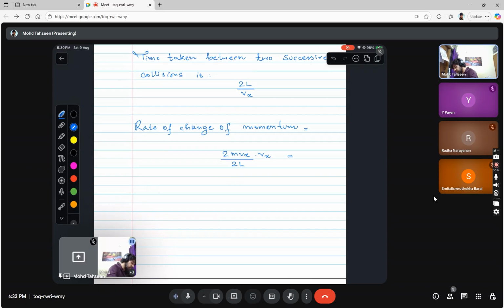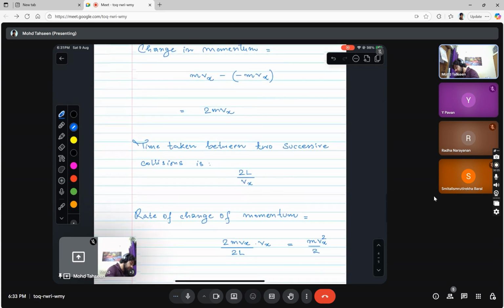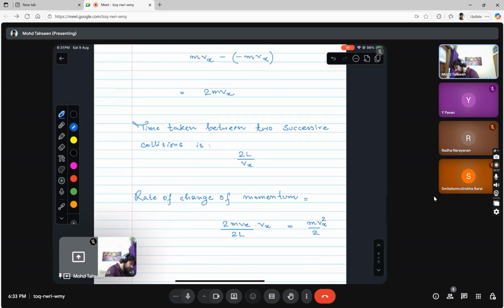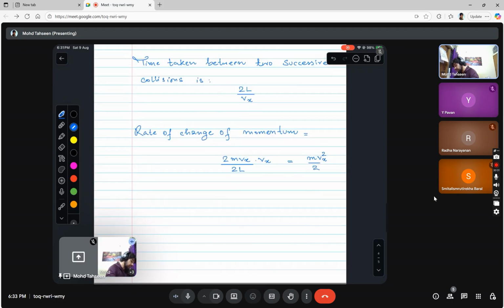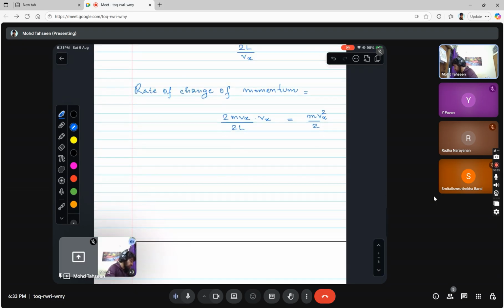So if we simplify, 2 and 2 will get cancelled out, it will be m vx squared by 2. So now this is the rate of change of momentum.